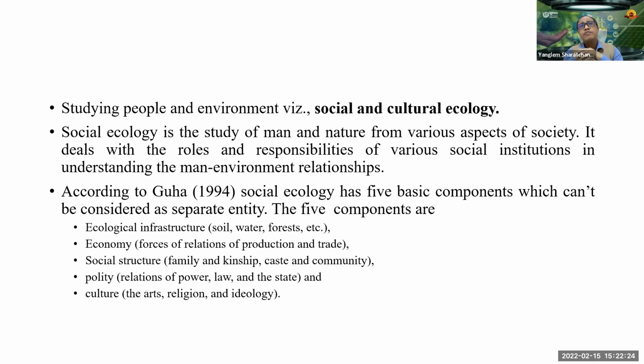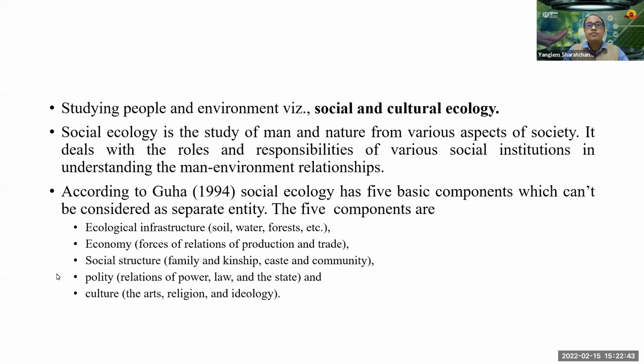If you look into different publications by social ecologists, the famous historian and social ecologist of India, Ramchandra Guha, in 1994, clearly identified 5 basic components.